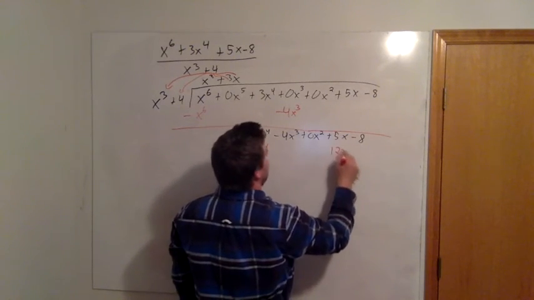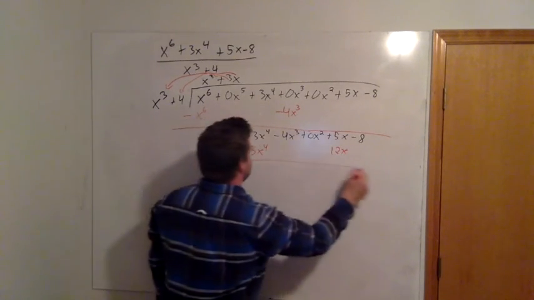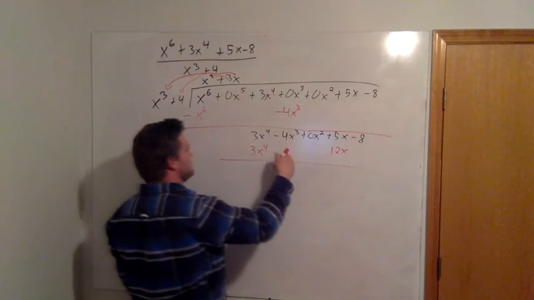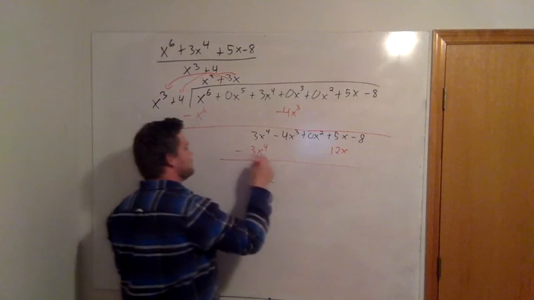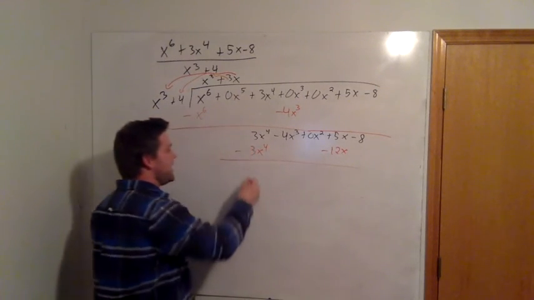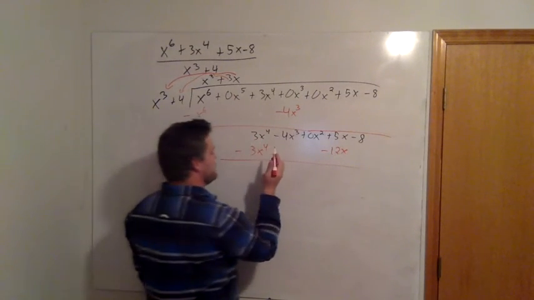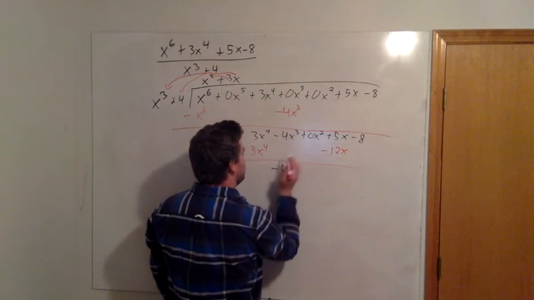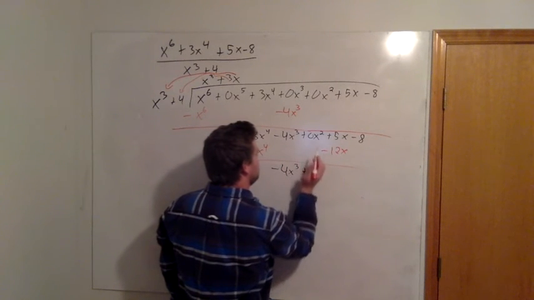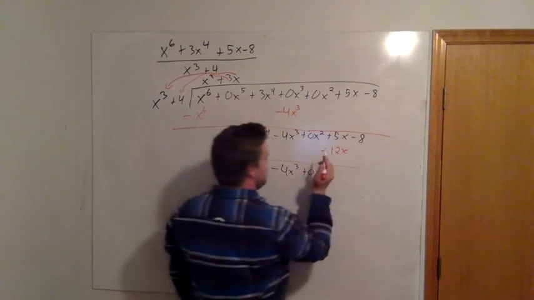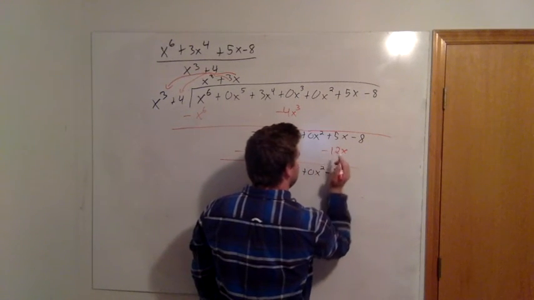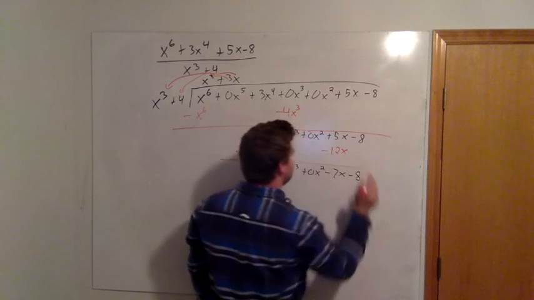So I'll get a 12x. And we'll subtract, again pretending that there's a 0x cubed here, a 0x squared, and a plus a 0 here. So I'll flip all the signs, so then I can just add. I'll get 0x to the 4th. I'll get a negative 4x cubed plus a 0x squared. Let's see what I'll get, I'll get a negative 7x minus an 8.